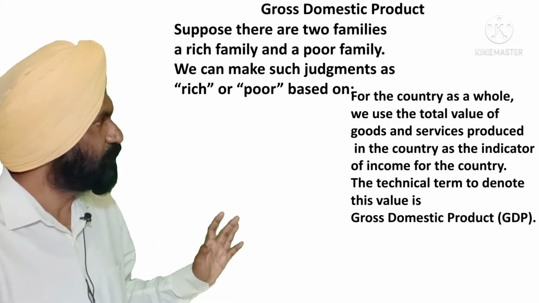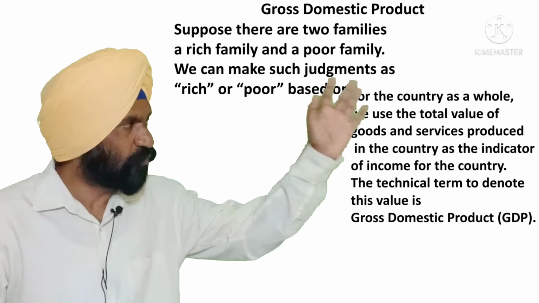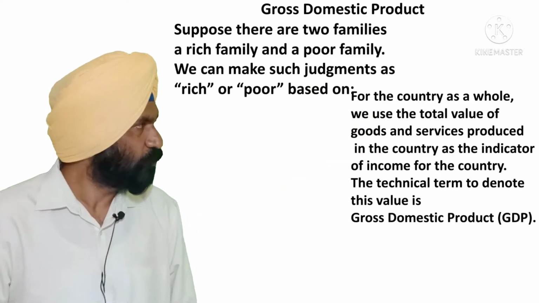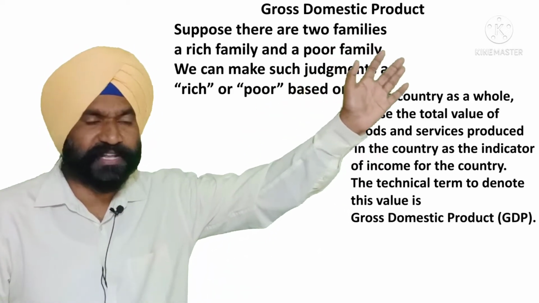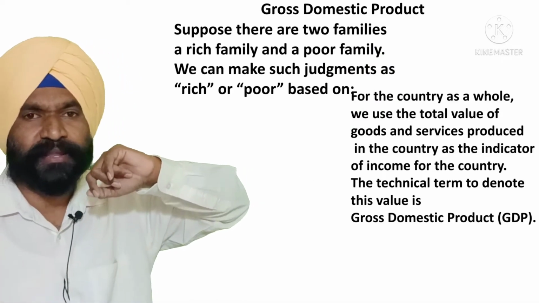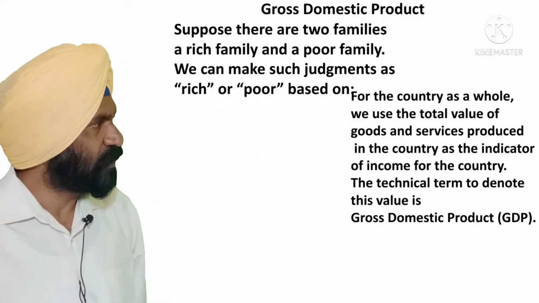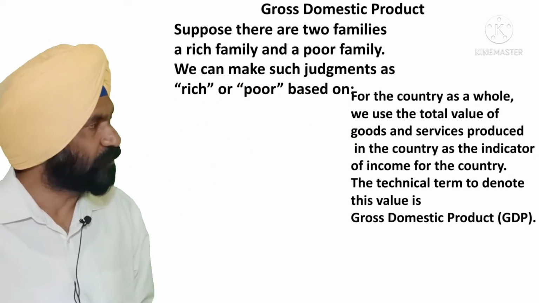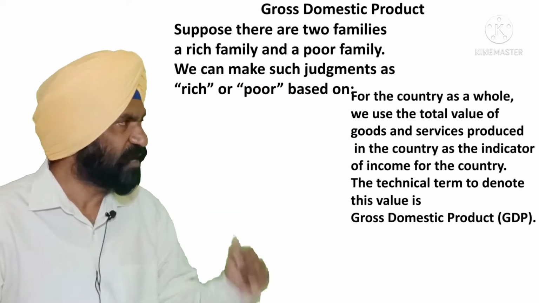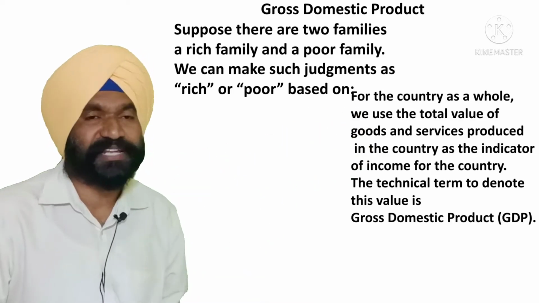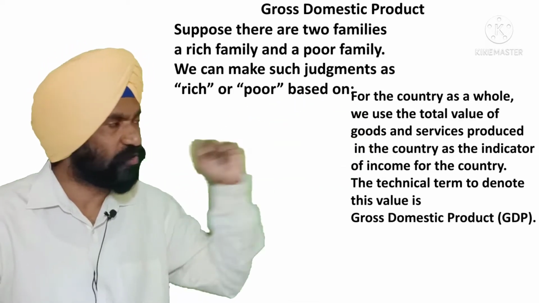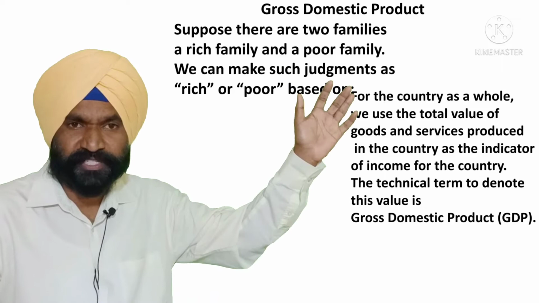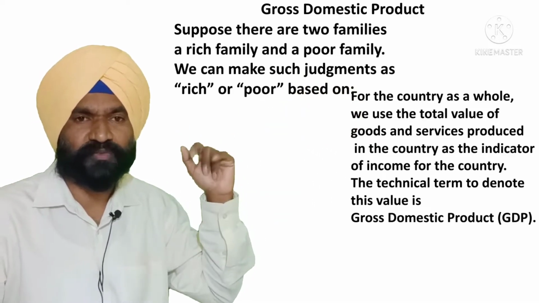Now say, for example, suppose there are two families living in a place. One is called a rich family and one is called a poor family. Then how could you make a judgment by telling that it is a rich family and it is a poor family? We will be describing a family as rich or poor based on what? Based on things we see in them. What we see in them?